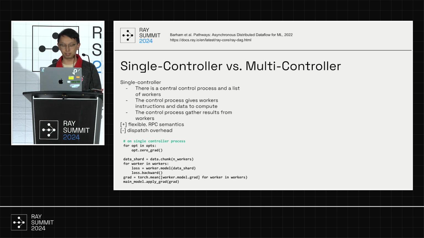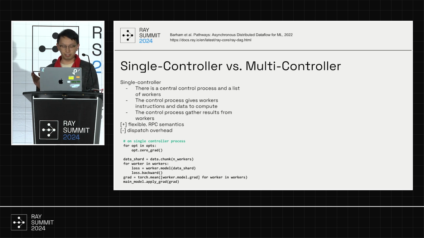This is written in PyTorch. Then we chunk the data and send a data shard to each worker. Each worker does the forward and backward, the single controller aggregates the gradients, and then the main model on the single controller applies the gradients. That's what the single controller code looks like.